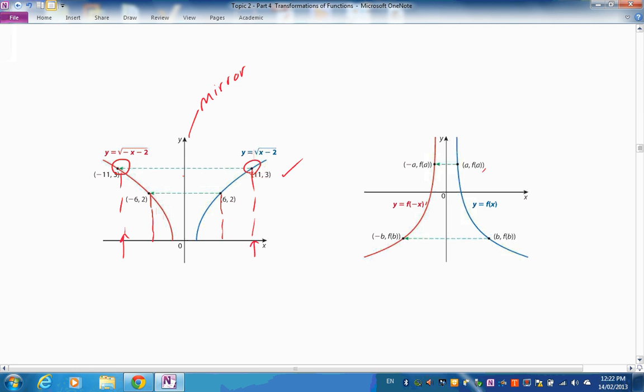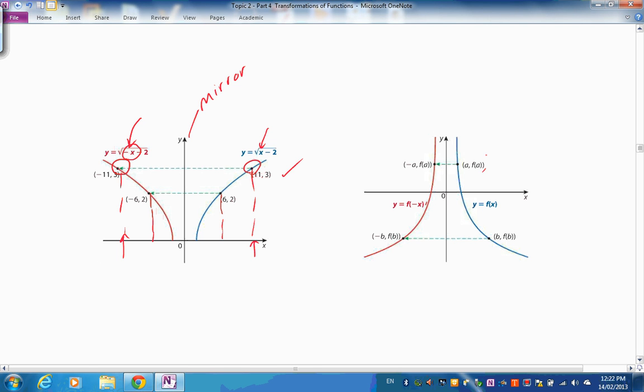So what's happening? The x value is changing its sign. So in the function, in place of x, you put neg x. So this one had x. The mirror image replaces x by neg x within the function, not the negative outside like it was for the reflection in the x-axis.